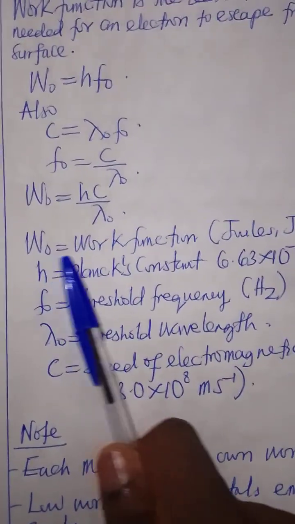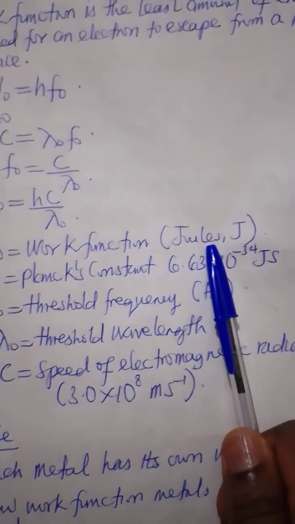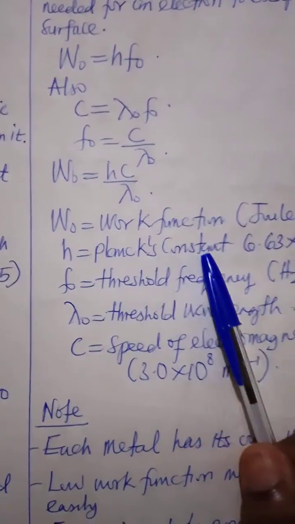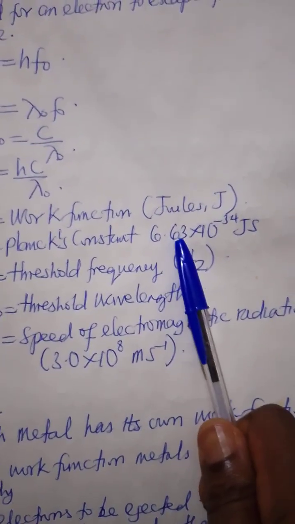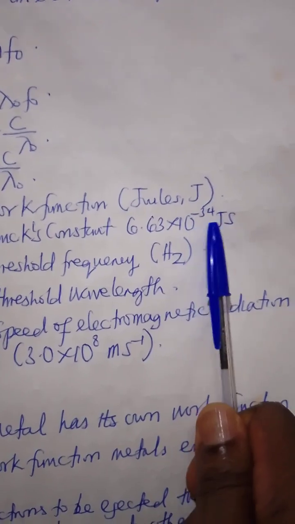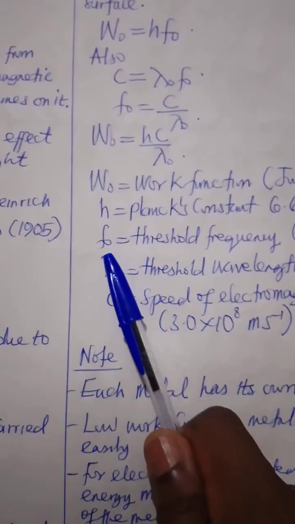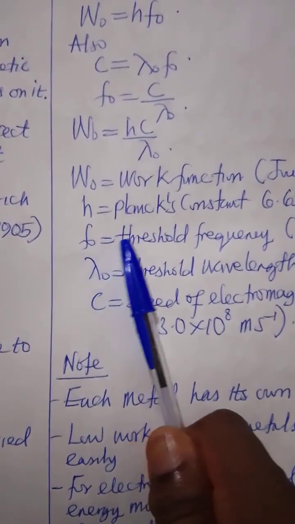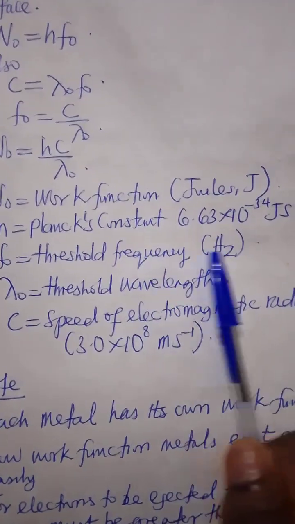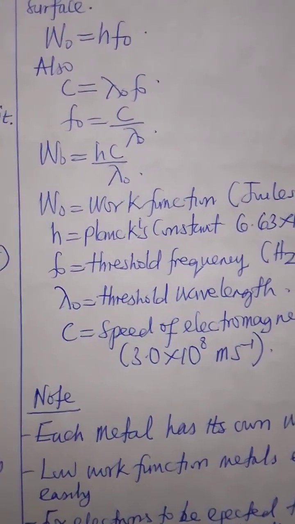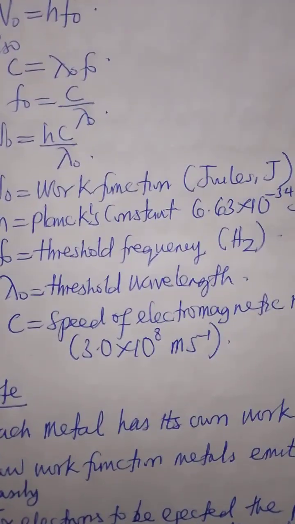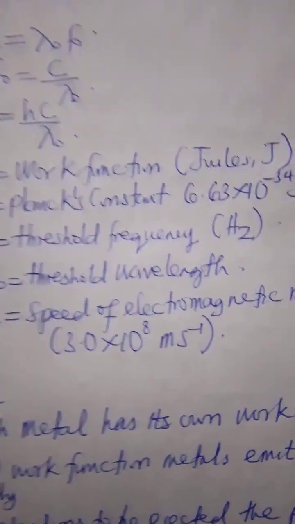Again, W naught is work function measured in joules. h is Planck's constant, and the value for that is 6.63 × 10^-34 joule second. f naught is threshold frequency measured in hertz. Lambda naught is threshold wavelength measured in meter.